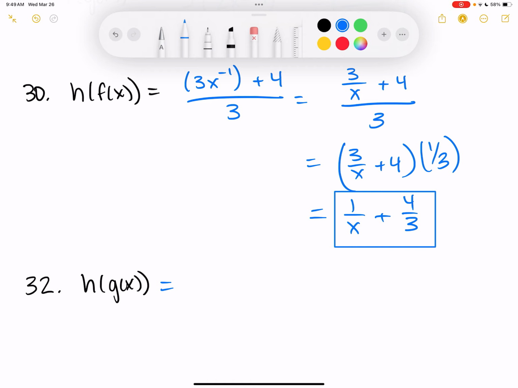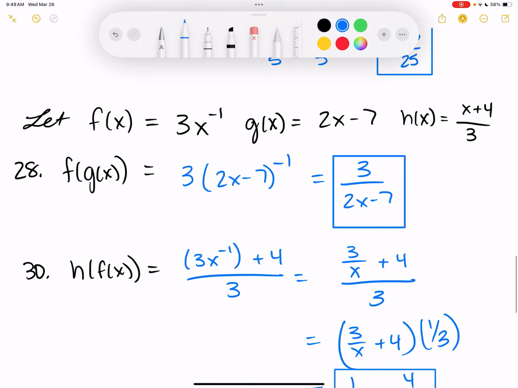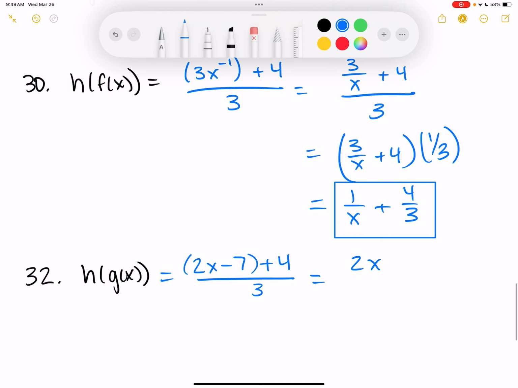It would be 2x minus 7 plus 4 over 3. I thought that was h of x. Is this not h of x? Oh, I see. So 2x minus 3 over 3, and that one's done.